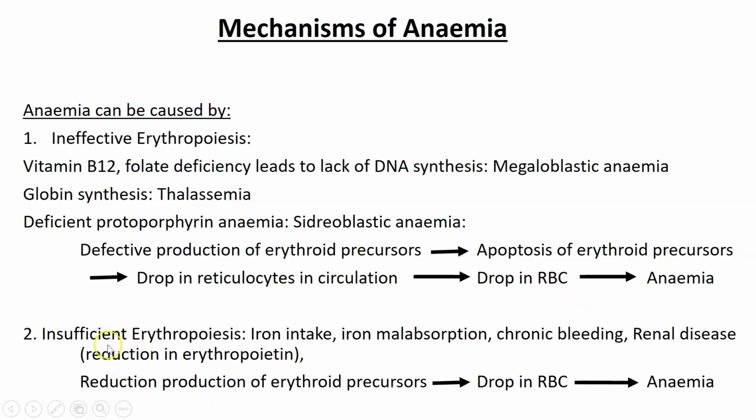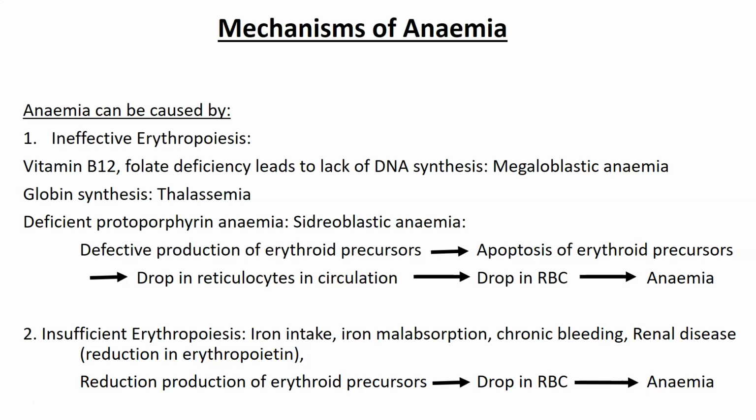Insufficient erythropoiesis, again, could be to do with the amount of iron intake, or your body's inability to absorb iron properly. There could be chronic bleeding, which means there's a bleed somewhere in your body that's bleeding all the time.